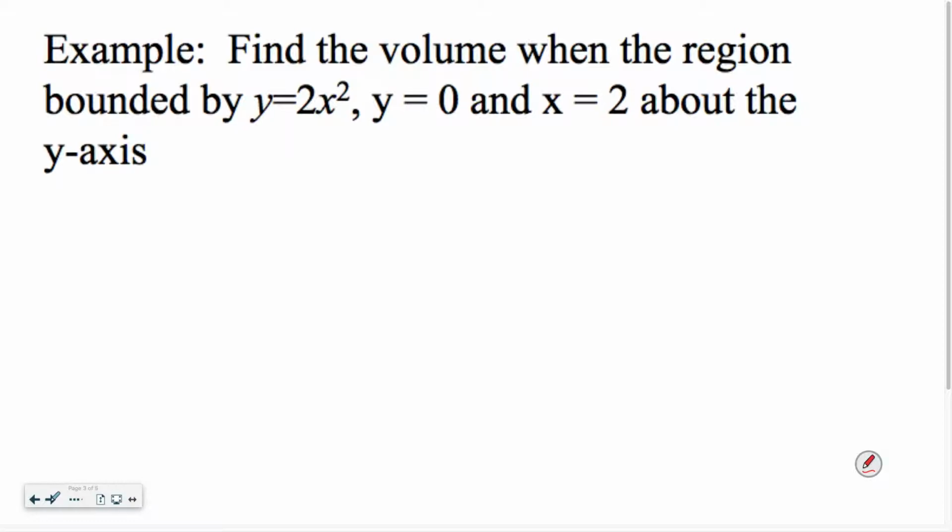So go ahead and write this down. Write down the equations at least.